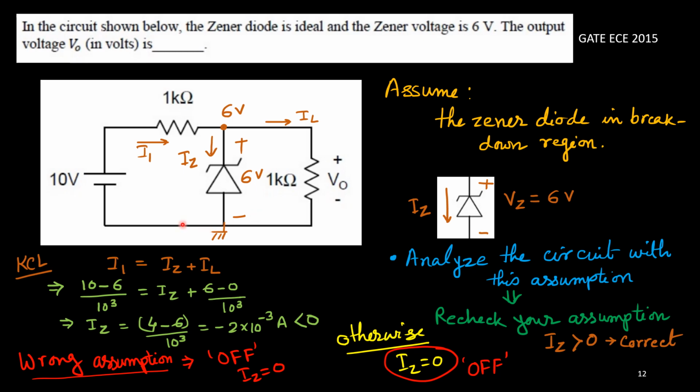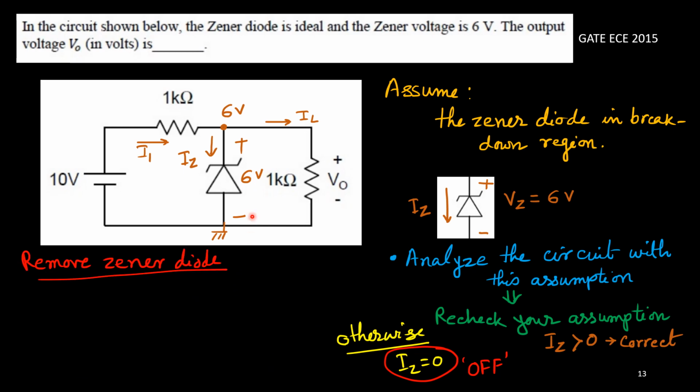You see that this potential is higher, positive compared to this one, so of course this diode will be in reverse bias region, but not in breakdown region. It won't get sufficient potential. So once it is not in breakdown region but in reverse bias condition, this diode will not work and the current through the diode will be 0. So I'll consider the diode is off, and current is 0.